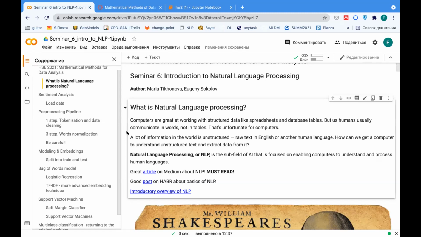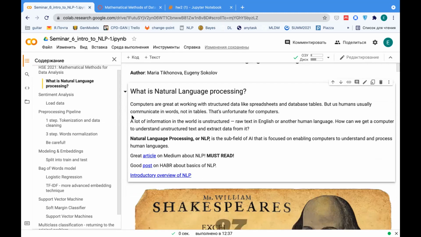The name of the methods that are used for analyzing text is usually natural language processing, or NLP, like in psychology, but it's actually another thing.